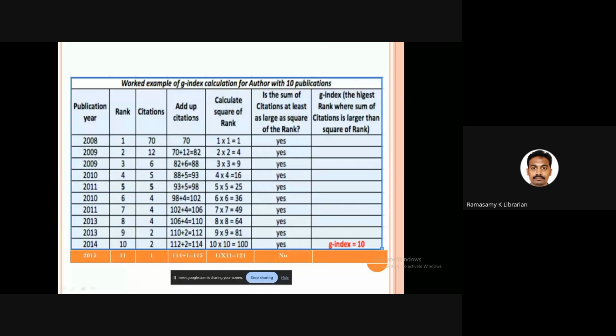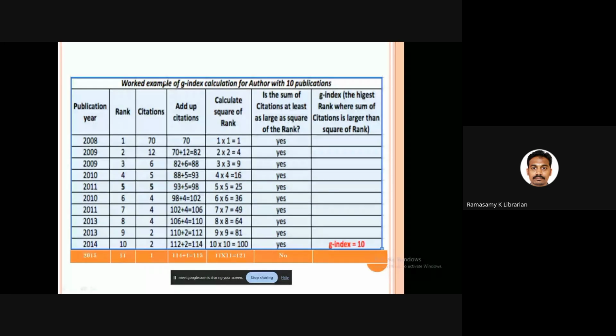But here you can see, in this particular case, citations are more, rank is less. Only this case, citation is more, rank is less. And so we conclude that his G index is 10. That means that his 10 papers all together have received at least 10 square, that is 100 citations. So his G index is 10.